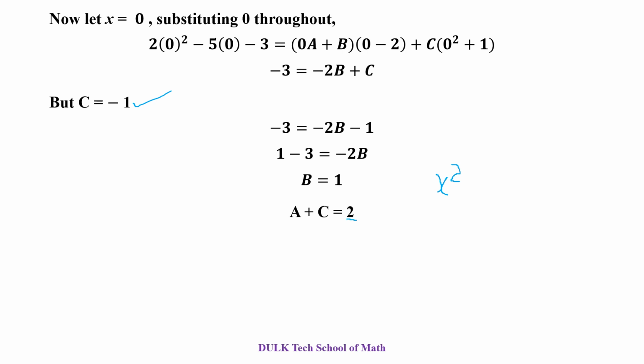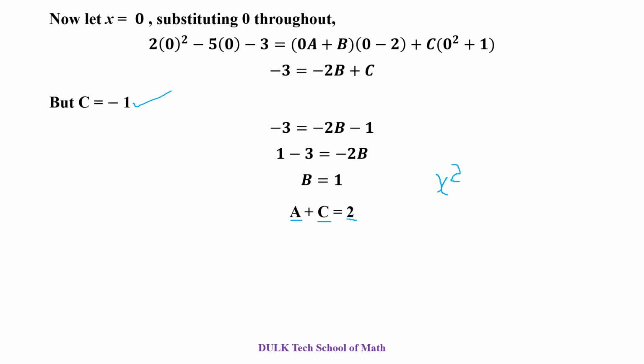On the right hand side, if we remove brackets and collect like terms, then factor out x squared, we remain with a plus c. So the coefficient of x squared on the right hand side is a plus c, and on the left hand side is 2.